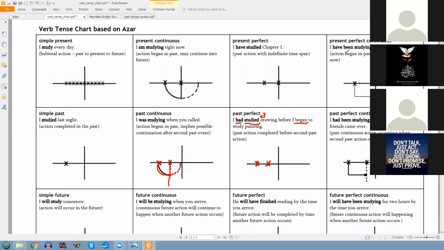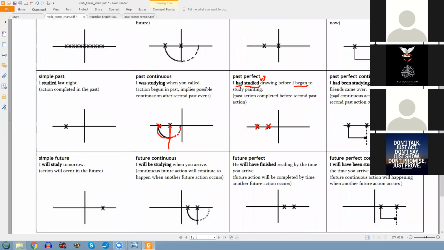I've been cooking all morning. I've been doing the ironing for two hours. It's to emphasize the amount of time that you've been spending, and it's still going on. Past perfect continuous is the same idea, but it's finished, to emphasize how much time you spent on that past activity.